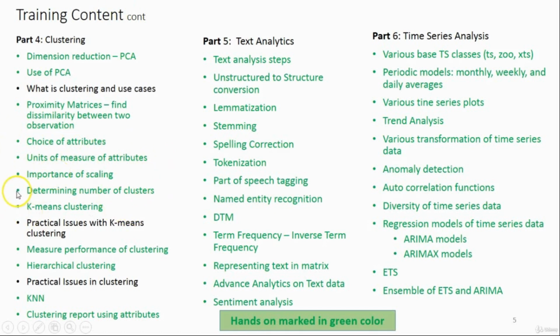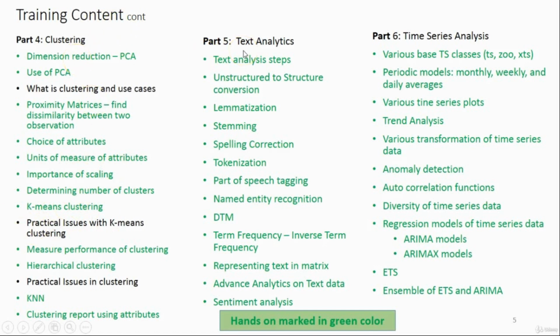We'll also see what is k-means clustering, what is the practical issue with this, how do you measure the performance of clustering, and we'll also discuss hierarchical clustering and so on. We'll also discuss KNN and so on. And once the clustering has been done, how to define the clusters using various attributes. These are the things we'll be doing in clustering.